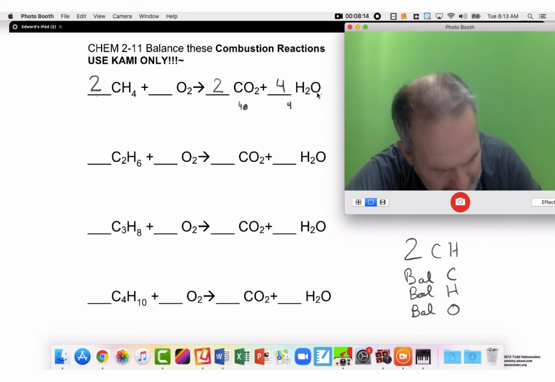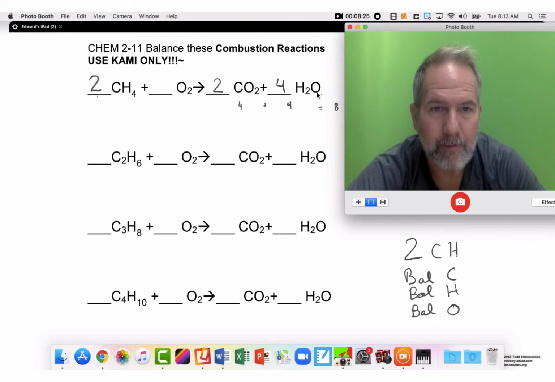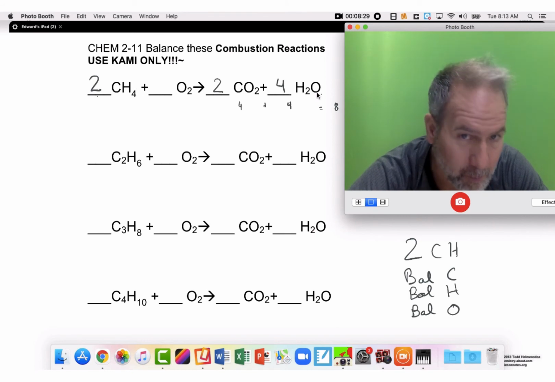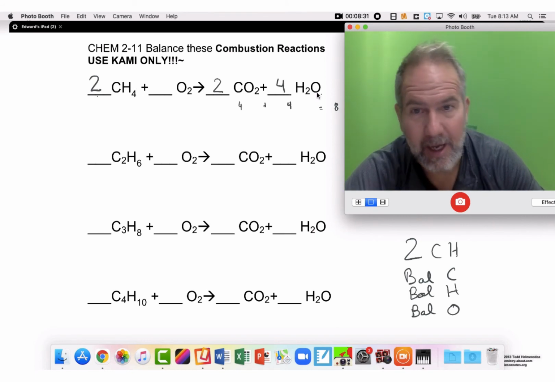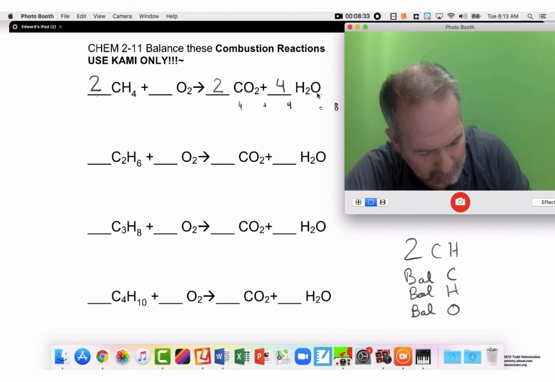I'm just going to take the symbol off. Okay, so we have 4 and 4. So 4 and 4, we add those together, and that equals 8. All right, so we have 8 oxygens on the right, and we need to have 8 on the left. So what times 2 equals 8? And that would be 4.